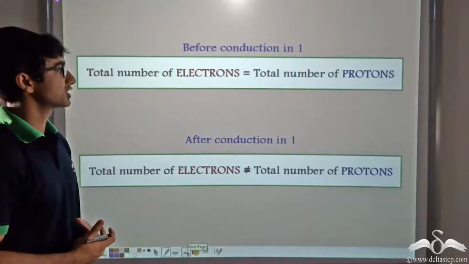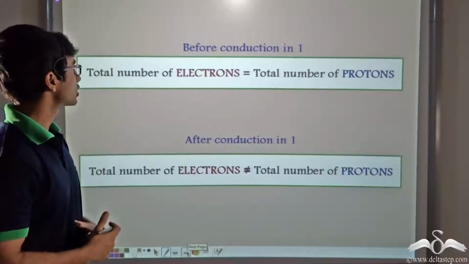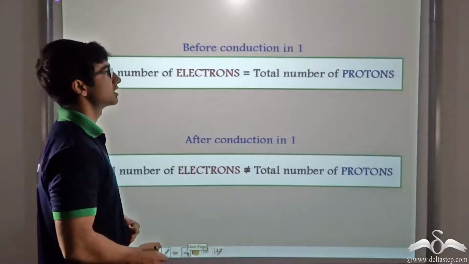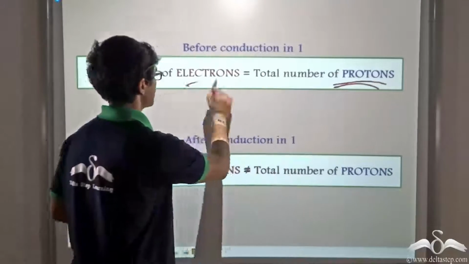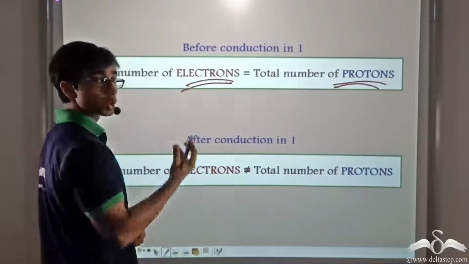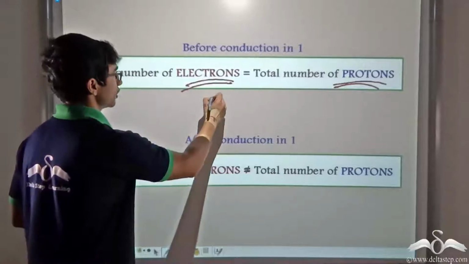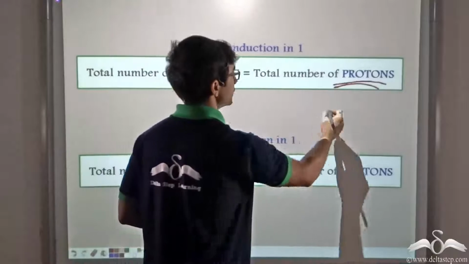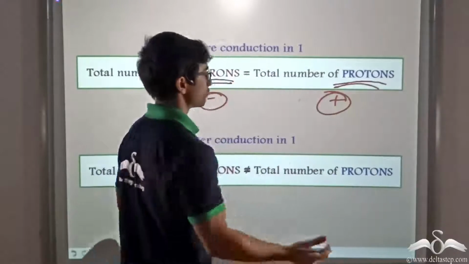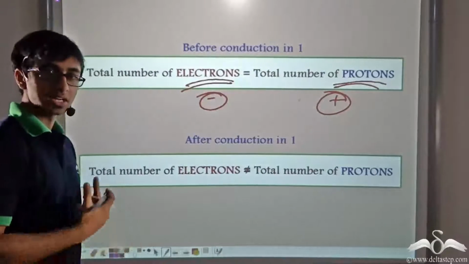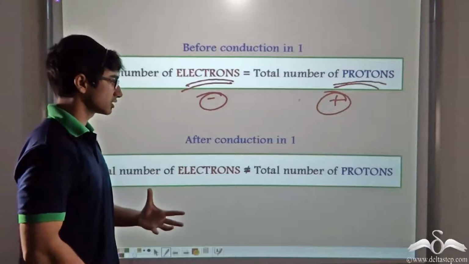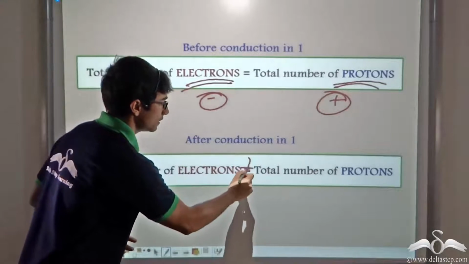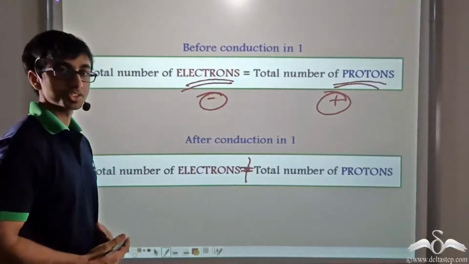Before conduction, we saw that the total number of electrons in the body remained equal to the total number of protons. After conduction had taken place, we found that the total number of electrons did not remain equal to the total number of protons.